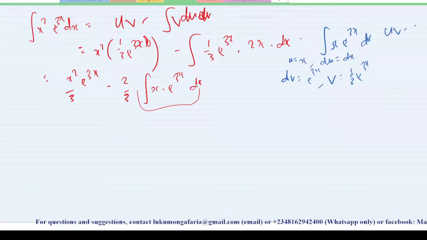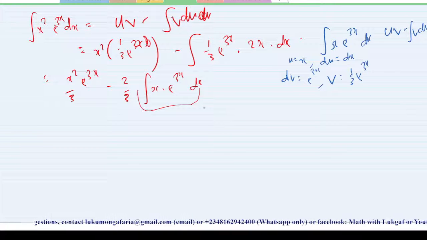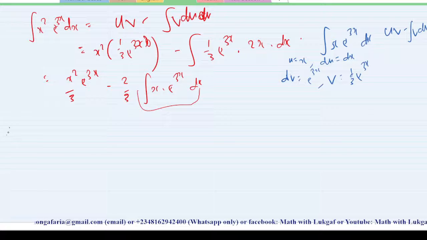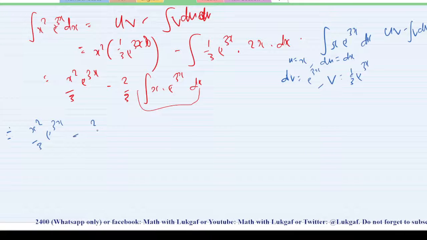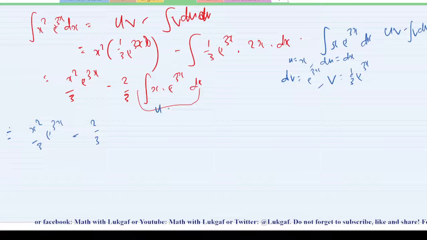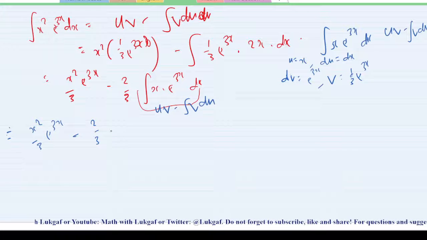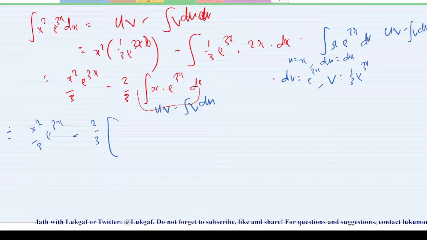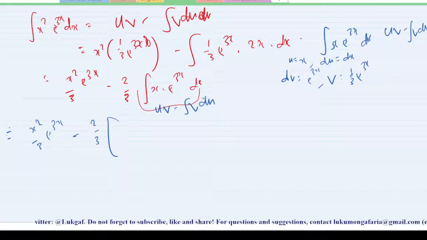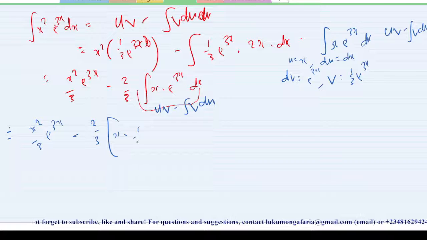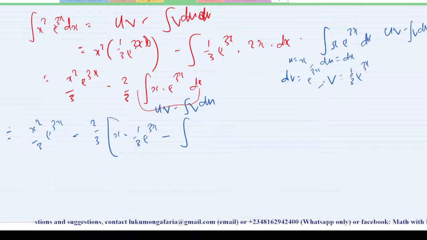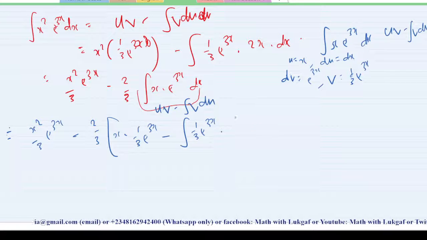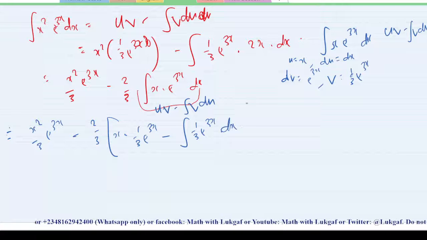Okay, let us put it into this formula. Then you have x squared over 3 e raised to the power 3x minus 2 over 3 times, and you know this is the formula uv minus the integral of v du. Then you have u, which is x, v, that's 1 over 3 e raised to the power 3x, minus the integral of v, 1 over 3 e raised to the power 3x, du. And du is what? dx.